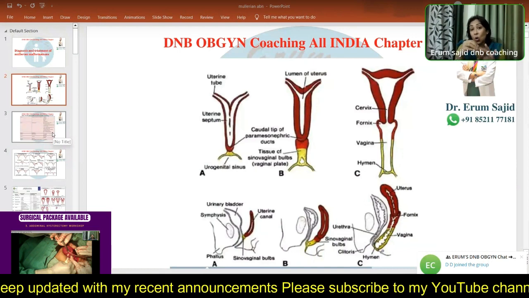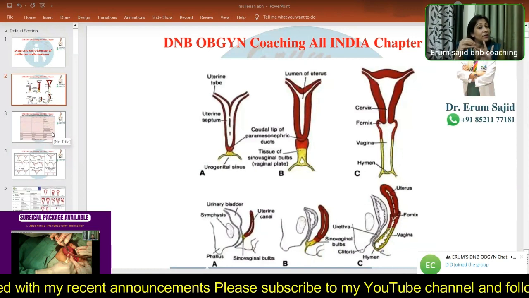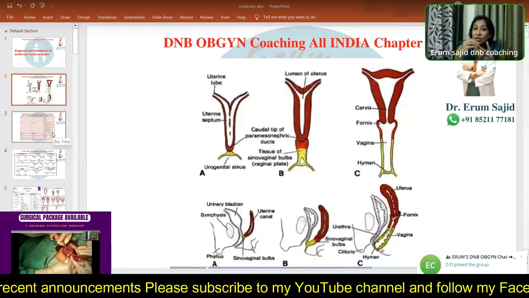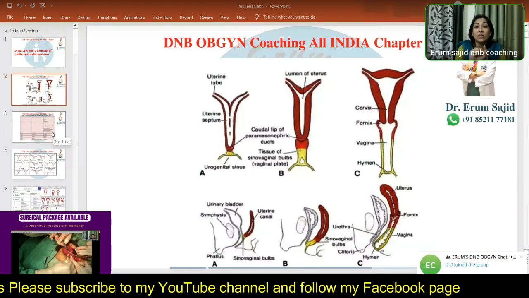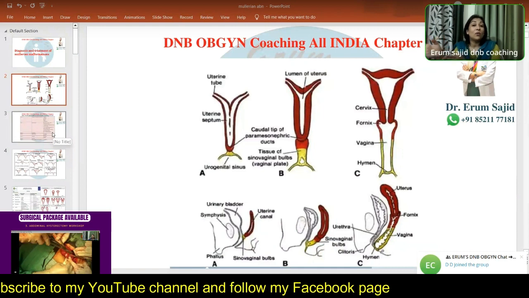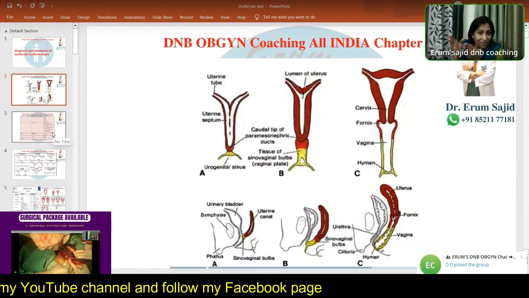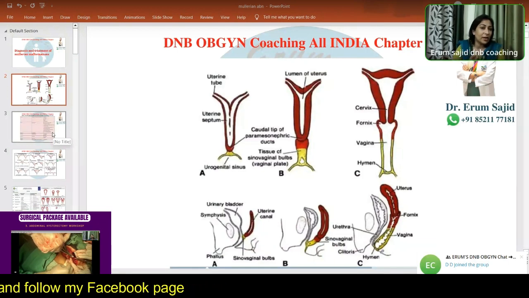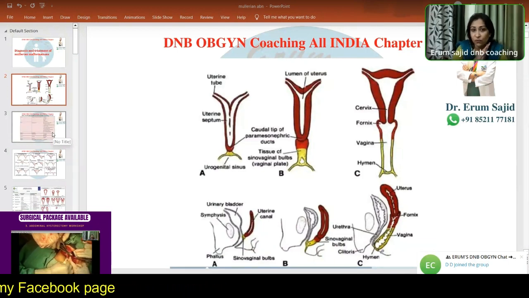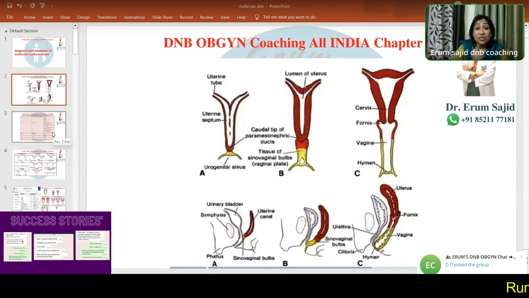And finally now ASRM, the American Society for Reproductive Medicine, has taken up the responsibility, and a recent 2021 classification system has come, which encompasses almost 90% of all Mullerian abnormalities which I know and have seen so far. Obviously, these people research a lot, and they come out with these different classification systems.